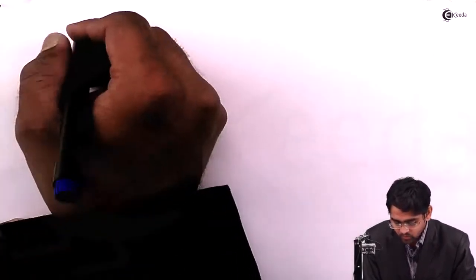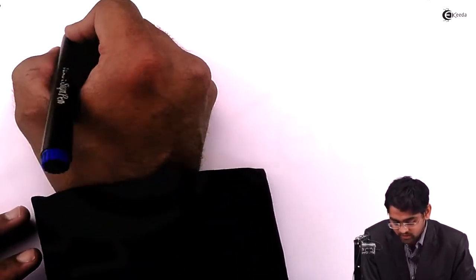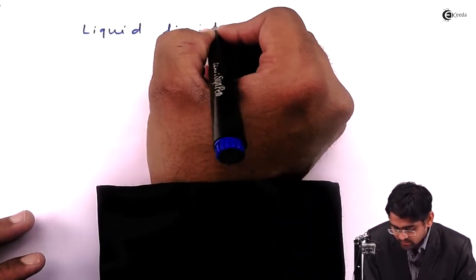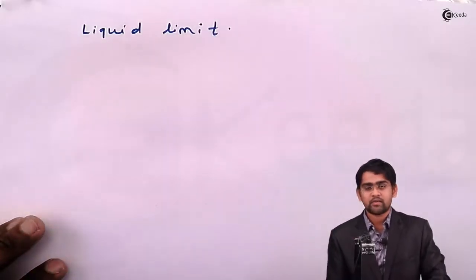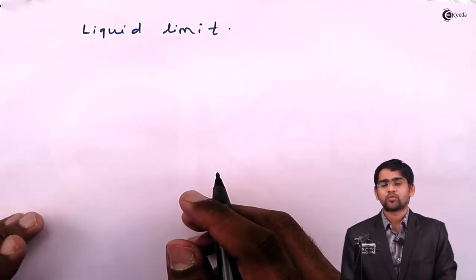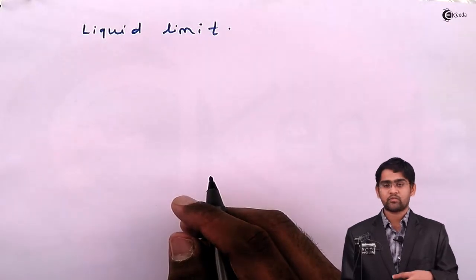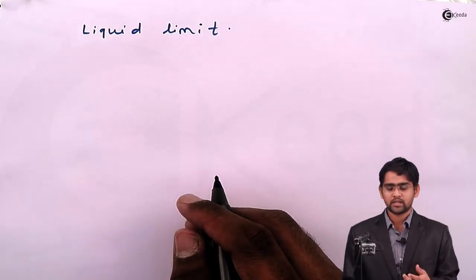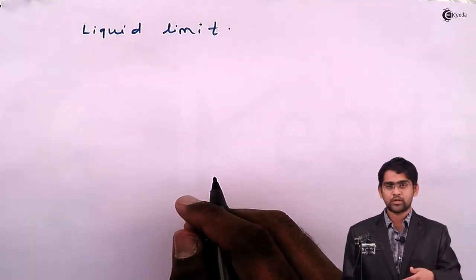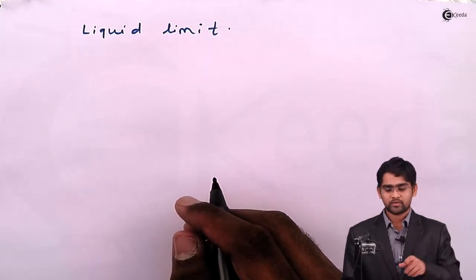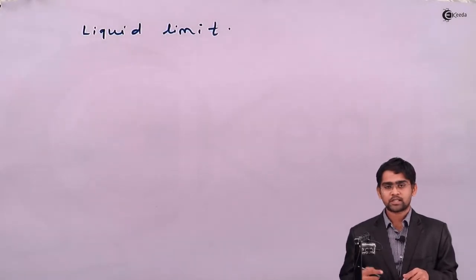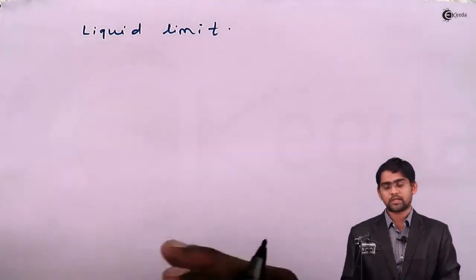We have also seen the flow curve while testing the soil for liquid limit. While determining the liquid limit, we took soil passing through a 425 micron sieve, and added sufficient water so that it becomes fluid. Then we placed it in a Casagrande tool and made a groove of 10 gap, then applied blows and counted the blows required to close that gap.